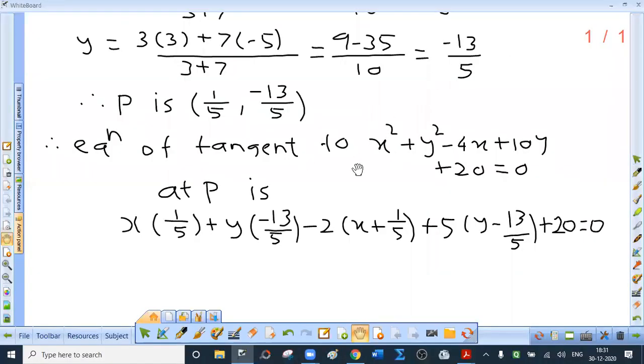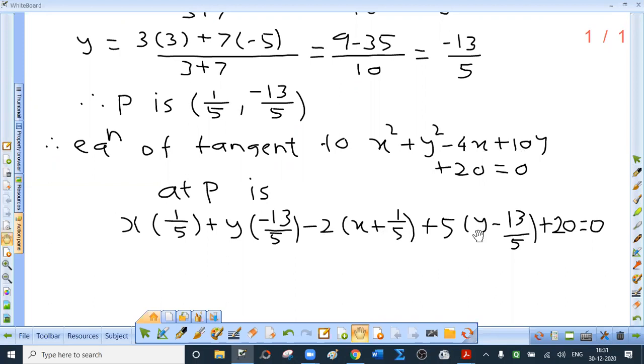Now to get the equation of tangent, you can consider any one of the two circles because it is common tangent. So if I consider this equation, then it is xx1 plus yy1, x1, y1 is this. Now 2g is minus 4. So g is minus 2. So minus 2 into x plus x1, so x plus 1 by 5. 2f is 10.